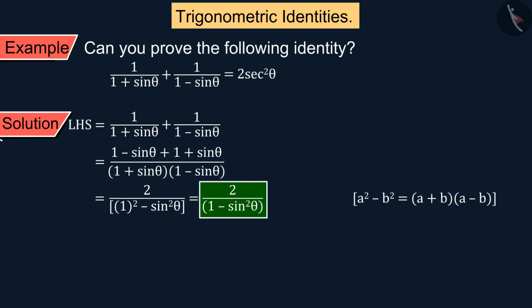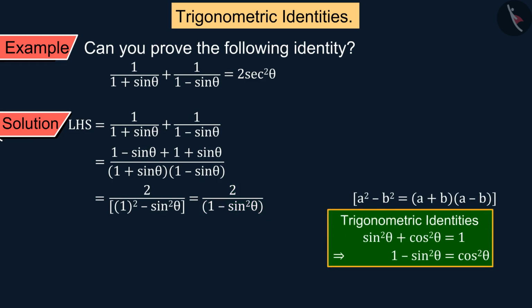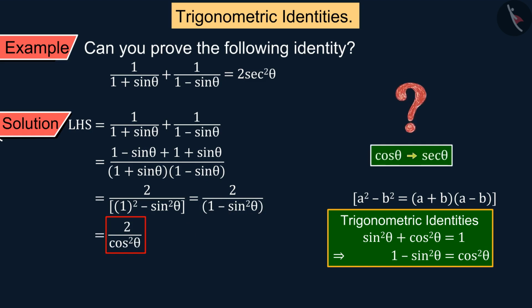We know that the square of sine theta plus the square of cos theta is equal to 1, with the help of which here we replace 1 minus square of sine theta with the square of cos theta. Can you change this value to sec theta? Well done!